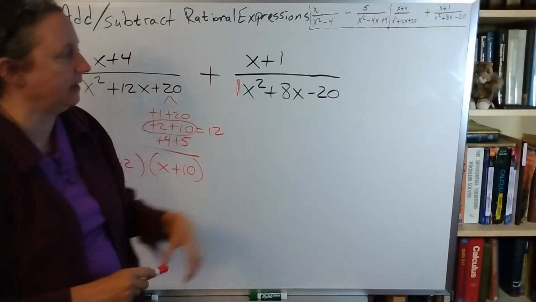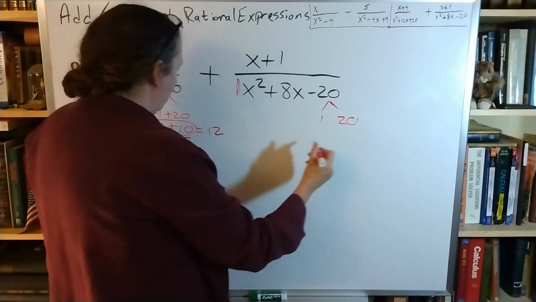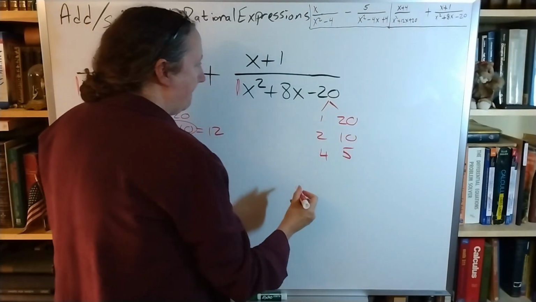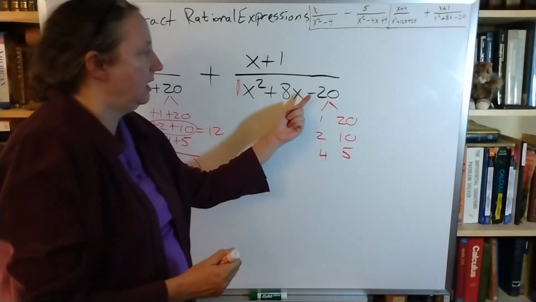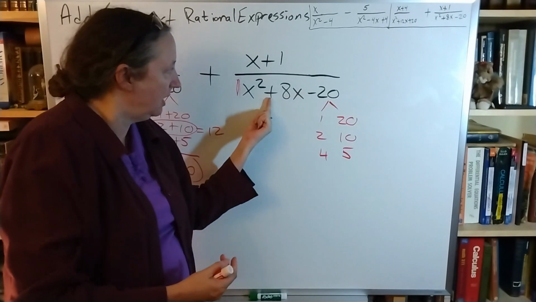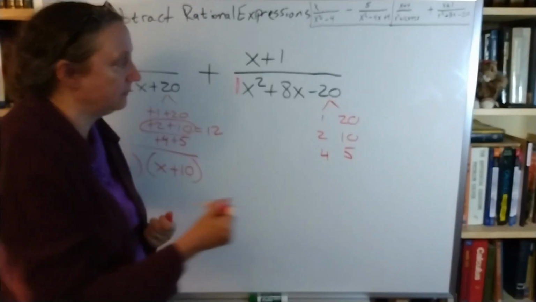Looking at the other denominator, again, I see the 20, so I know that could be 1 and 20, could be 2 and 10, or could be 4 and 5. I see my sign is negative, so that means different signs. I see my larger number is positive, so my smaller number must be negative.